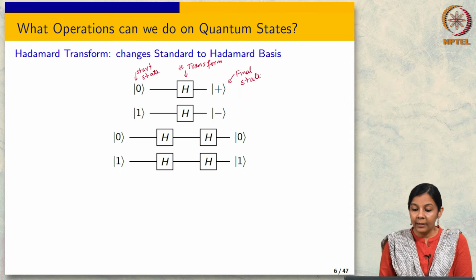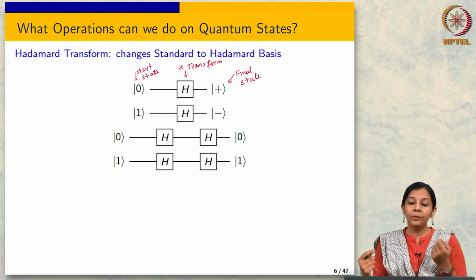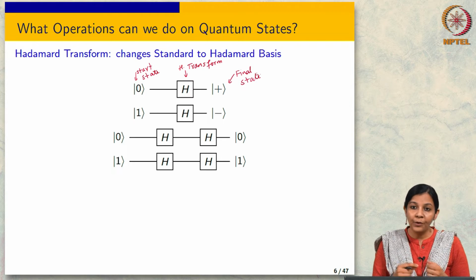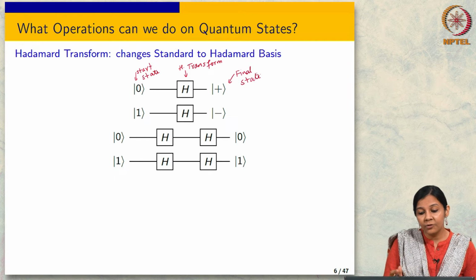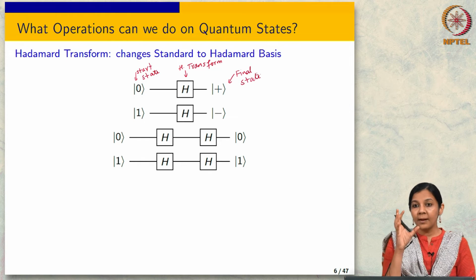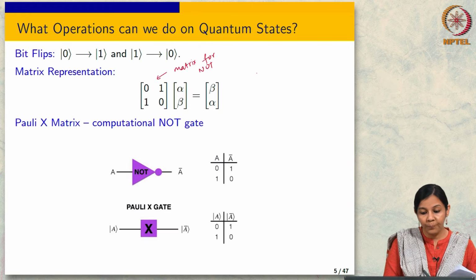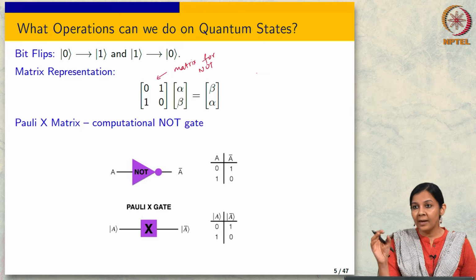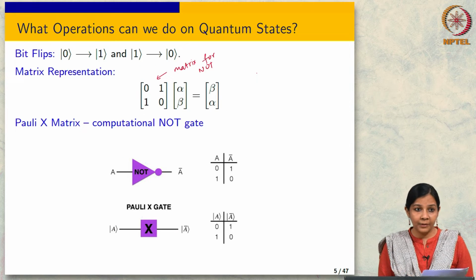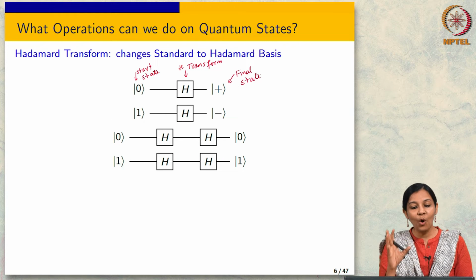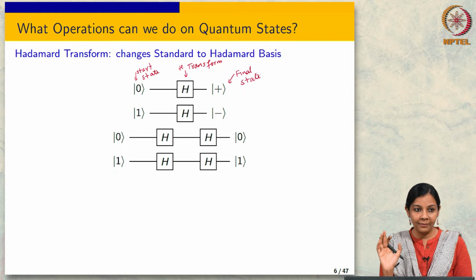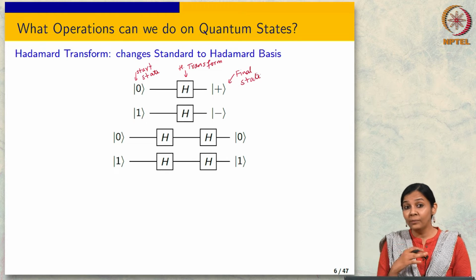So, again, we want to represent this Hadamard transform using a matrix. Any guesses on what this matrix should be? How did we do it before? We have a matrix times a state and this gives us the new state, right. So, now we want to change the standard basis to the Hadamard basis, and this Hadamard transform is really amazing.